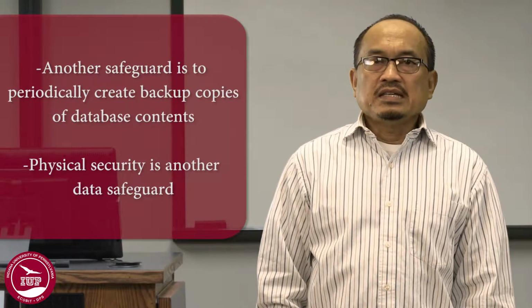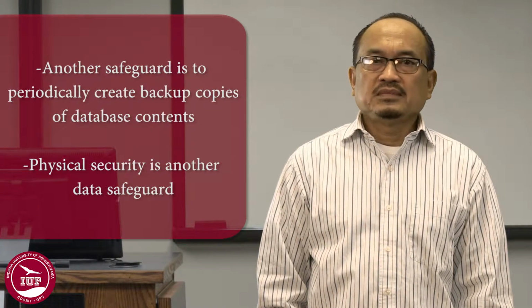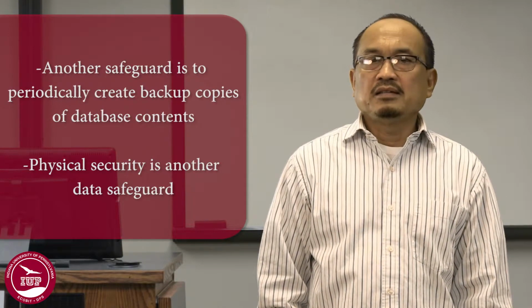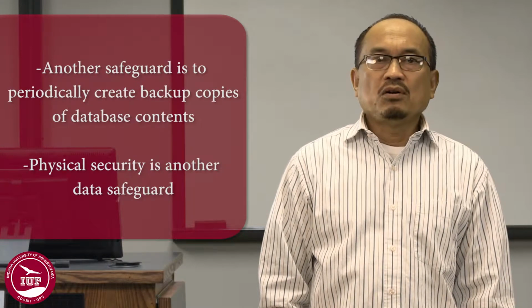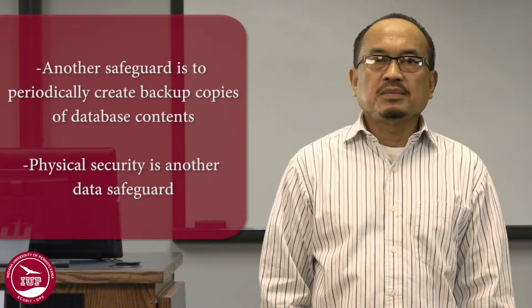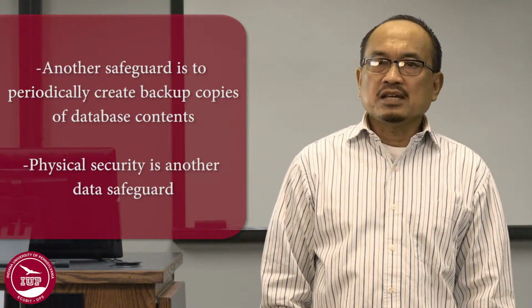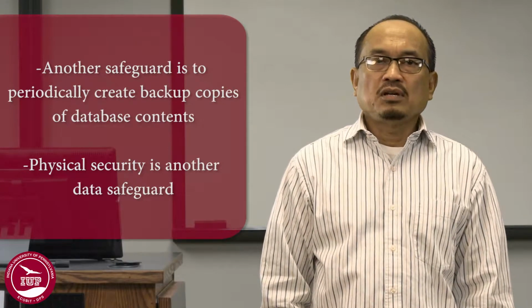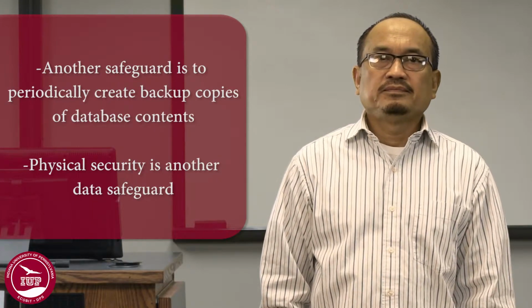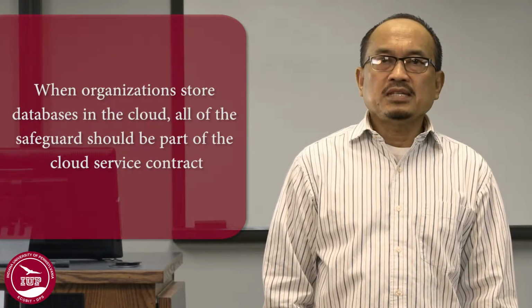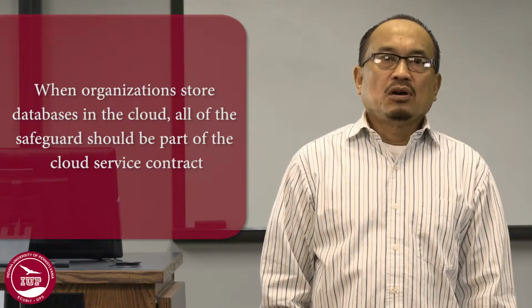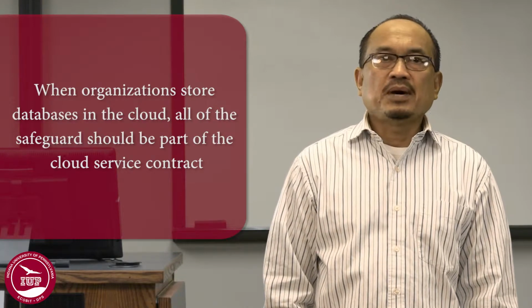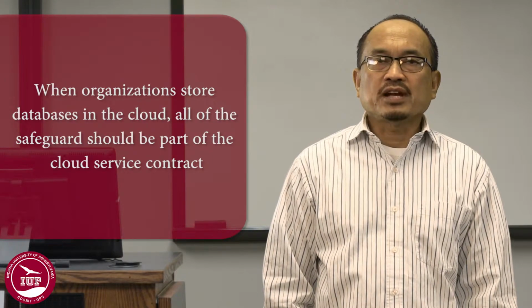Physical security is another data safeguard. The computers that run the DBMS and all devices that store database data should reside in locked, controlled-access facilities. When organizations store databases in the cloud, all of the safeguards should be part of the cloud service contract.